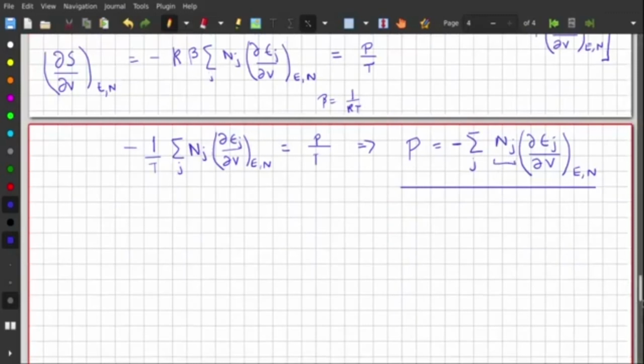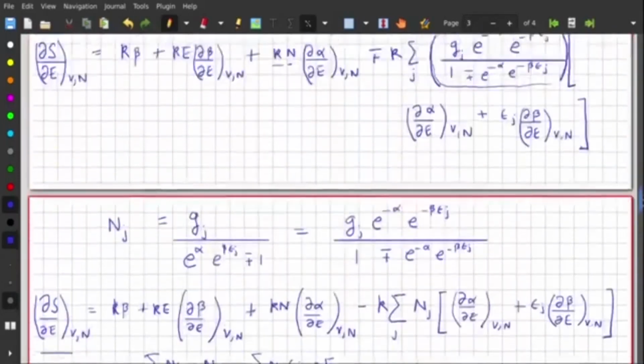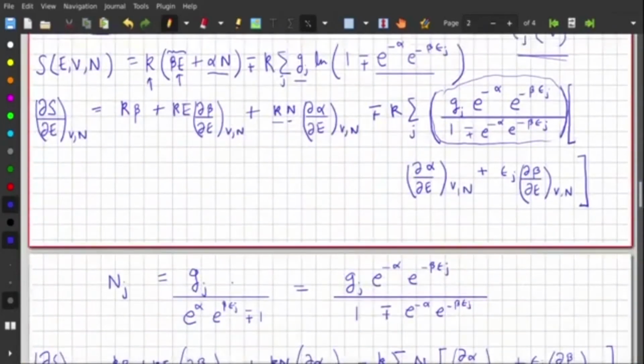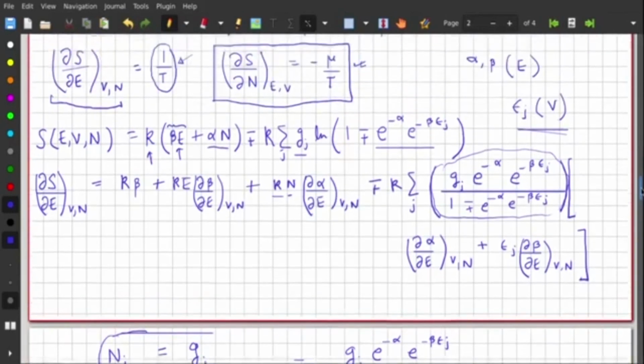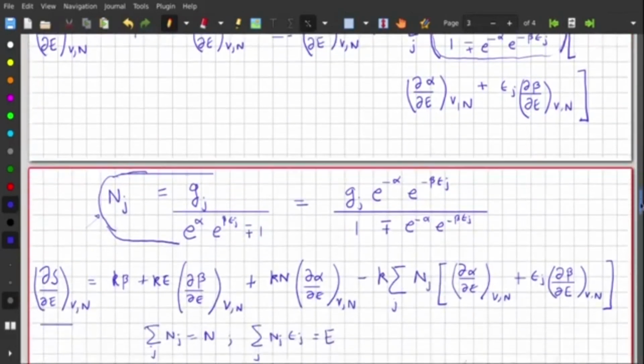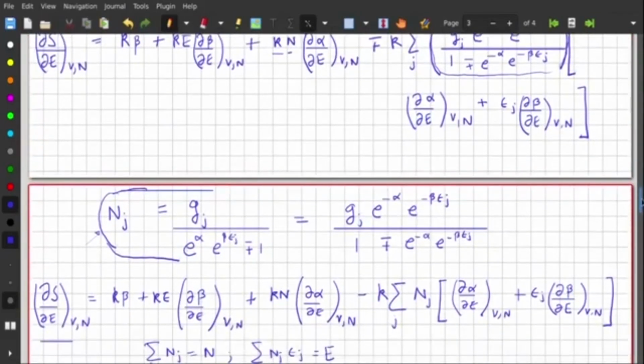Here we use this important fact about the particle distribution nj, which we derived in the main lectures. If you refer to the main lectures, you will see how this nj was derived: from the statistical probability, and then finding the stationary points of that probability distribution.